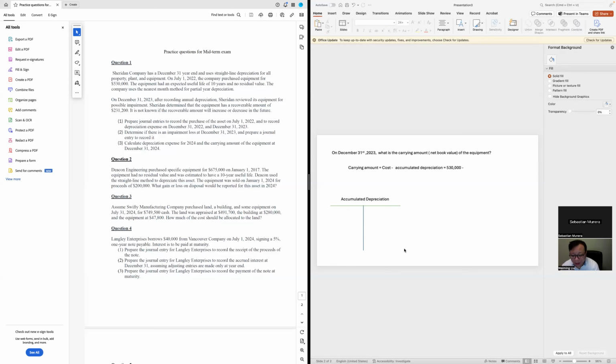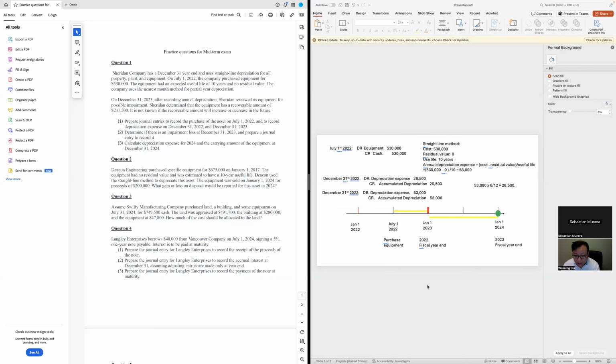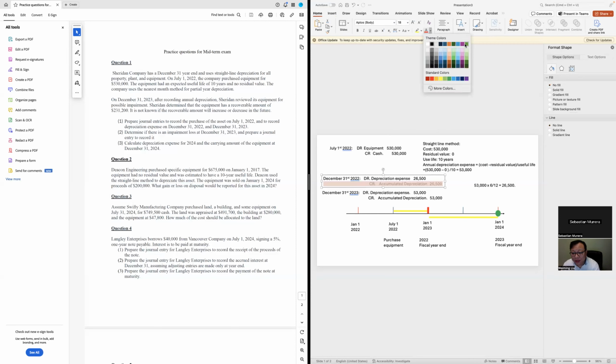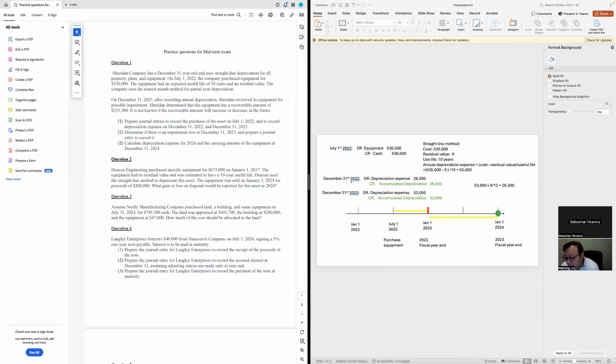Remember what we have done. If you take a look at this entry, I will use the green color. On December 31st, 2022, I credit this account for 26,500.